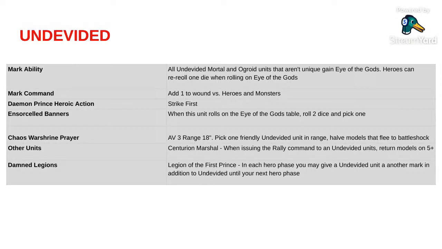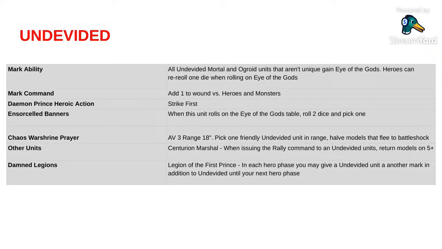And then for your heroes with the Eye of the Gods keyword, you get to re-roll one of your dice when rolling on the Eye of the Gods table for them, which gives you a little bit of flexibility and the ability to try and manipulate which ability you get.